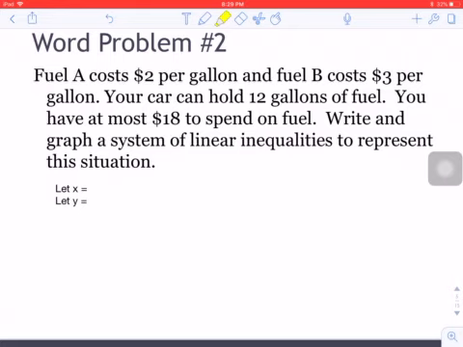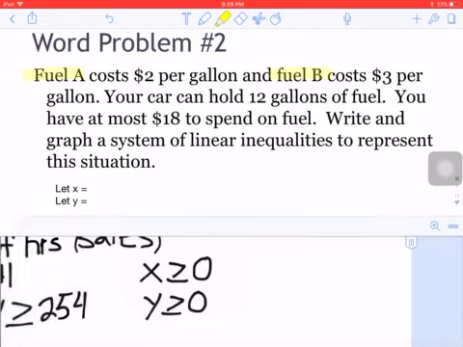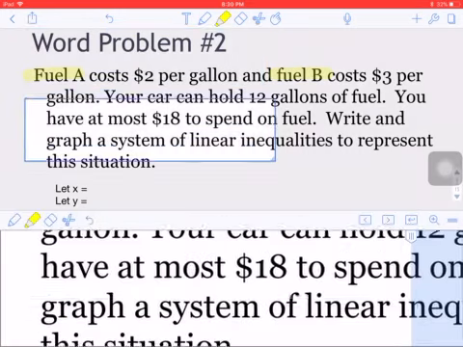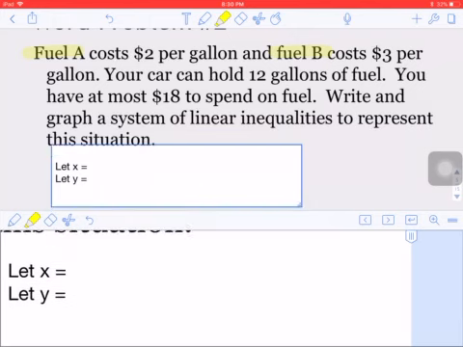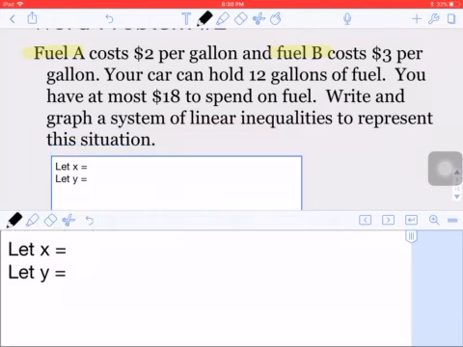So again, we're going to identify X and Y. I see 2 things. I see 2 types of fuel, fuel A and fuel B. So those are going to be X and Y for us now. So I'm going to go down here to let X equal and let Y equal. And you do have to write let X equal and let Y equal.